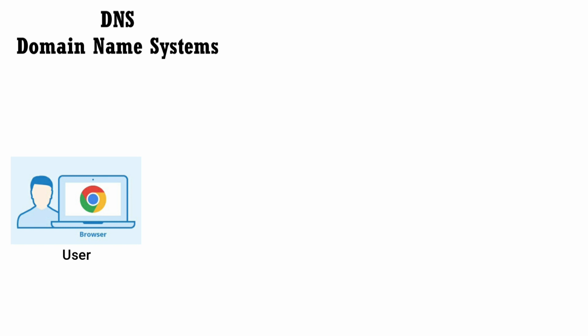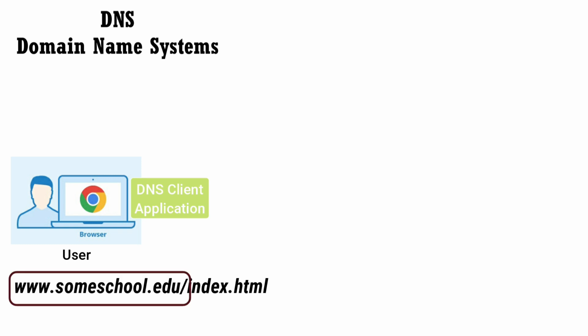First, the same user machine runs the client side of the DNS application. Second, the browser extracts the host name, www.someschool.edu, from the URL and passes the host name to the client side of the DNS application.